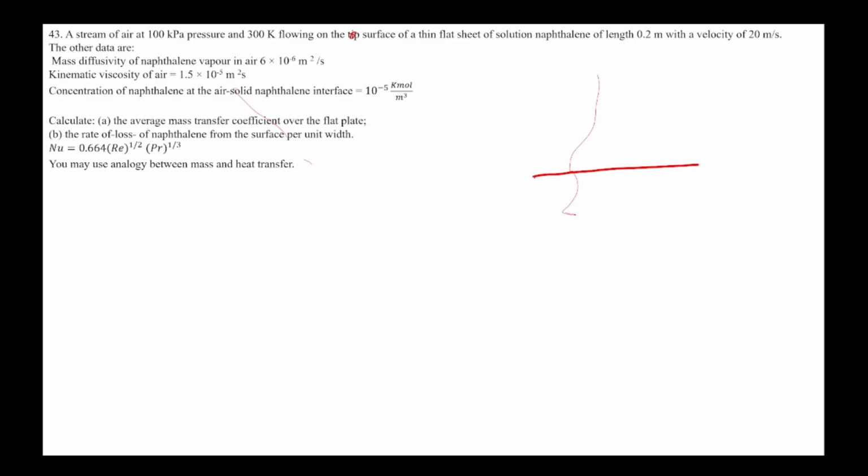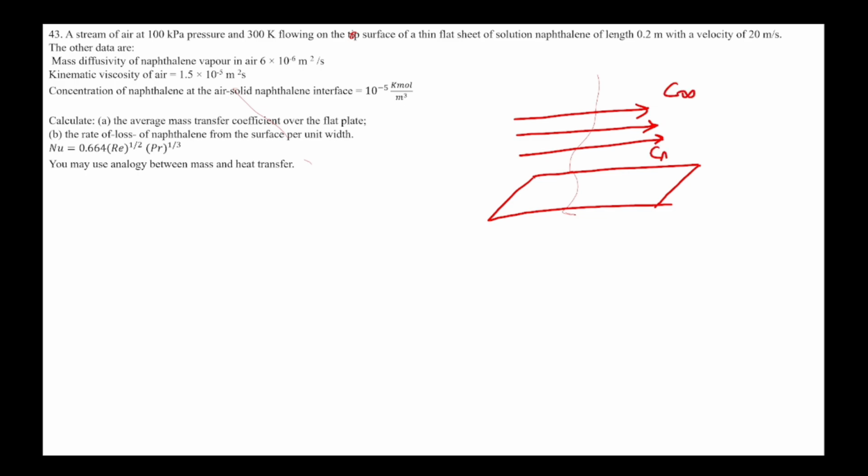So this is the sheet of naphthalene, above which air is flowing, C infinity, and CAi is the interface concentration. Pressure is 100 kilopascal and temperature 300 Kelvin. This length is 0.2 meter. The velocity at which the air is going is 20 meter per second.